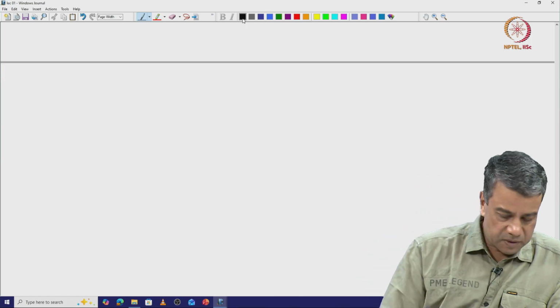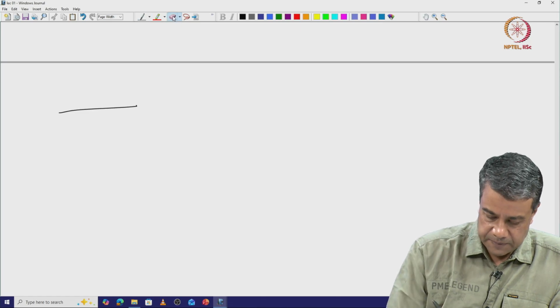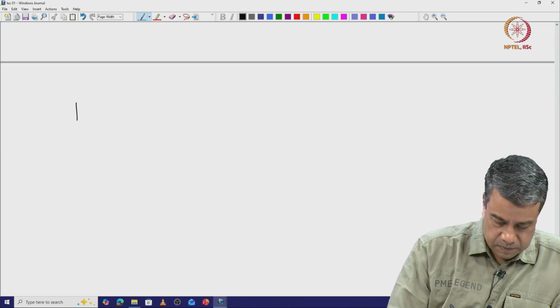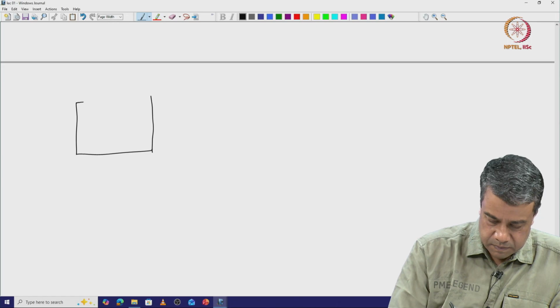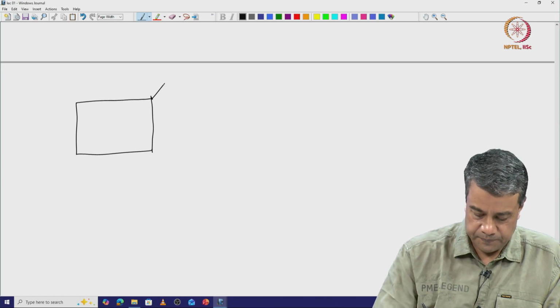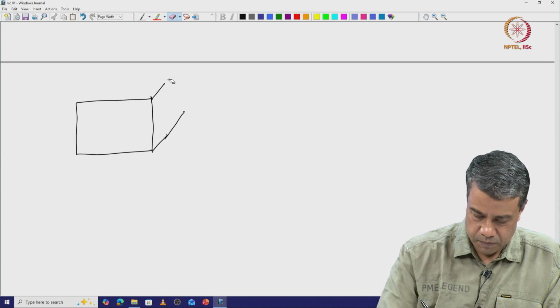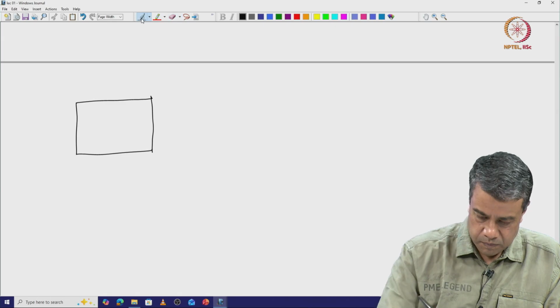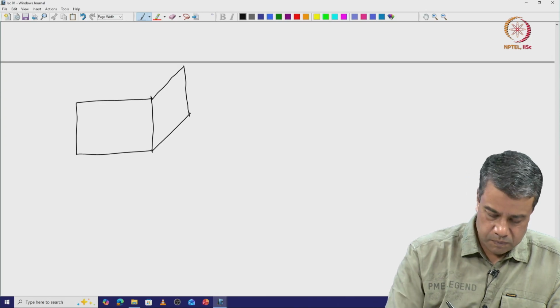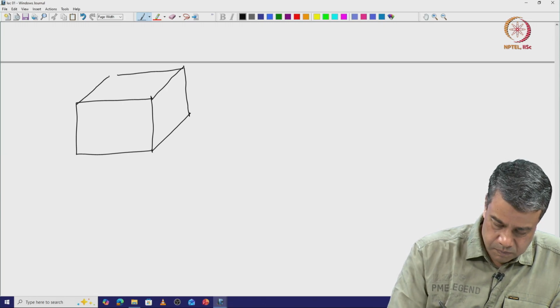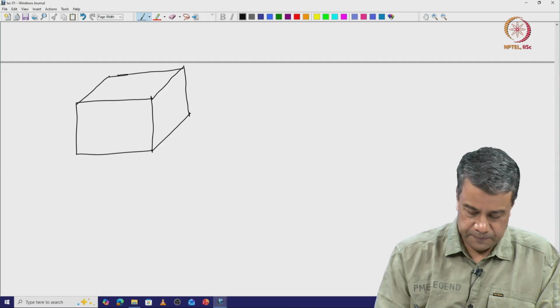An example of this is the flow in a rectangular channel.